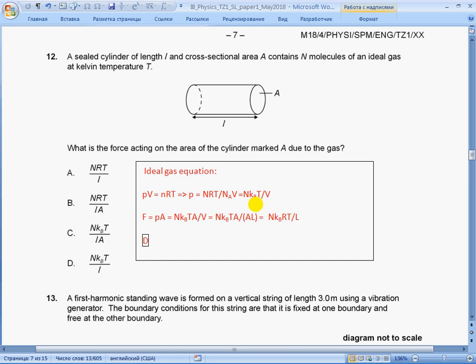So now we have the expression for pressure in terms of N. Force is pressure times area. Volume for a cylinder is area times length. So area is simplified, and we are getting answer D.